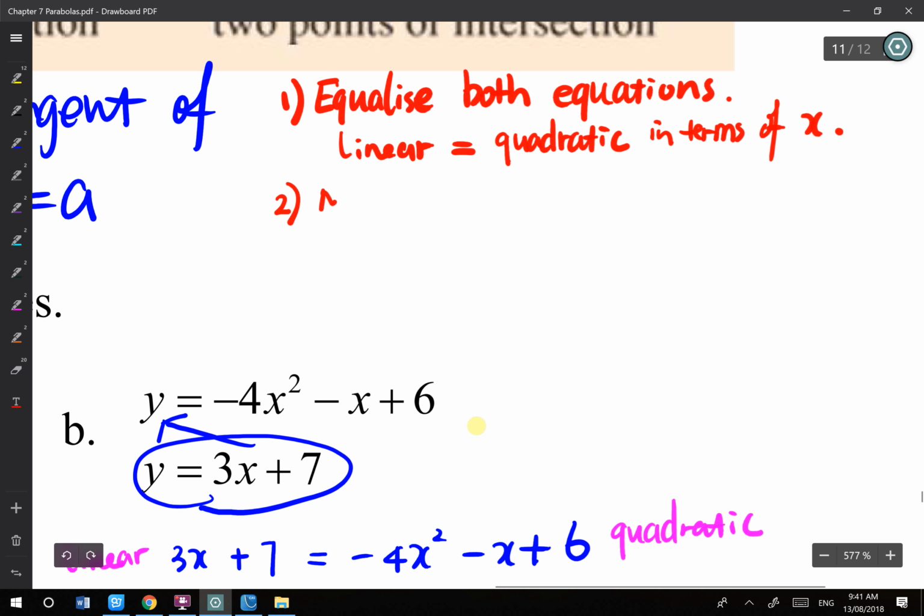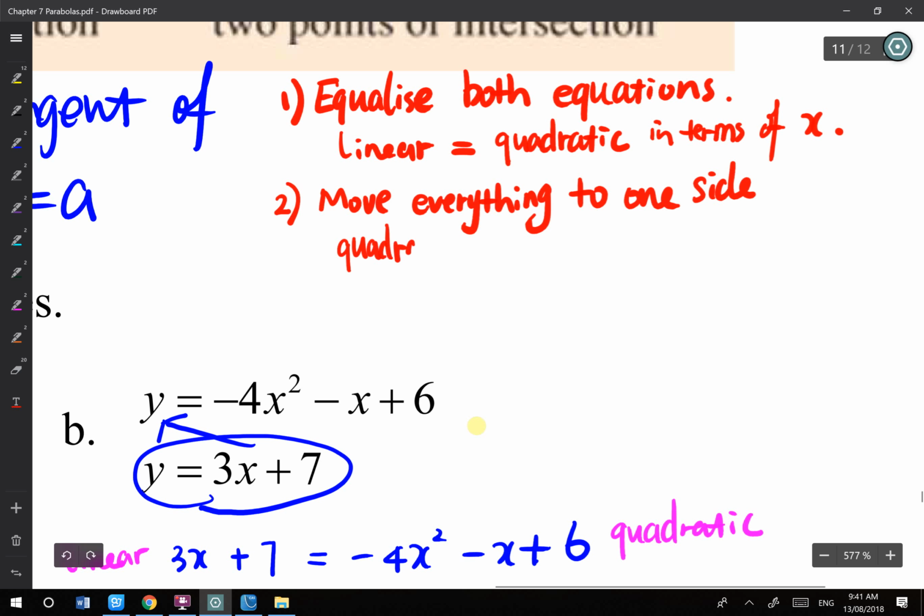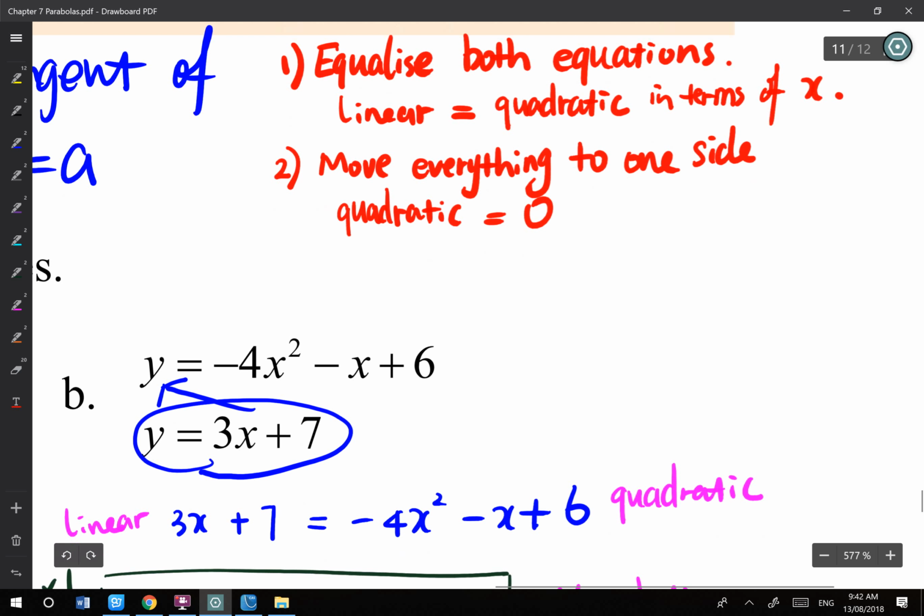Second, move everything to one side. It doesn't matter whether left hand side or right hand side, just move it to one side. We will have a quadratic in x equals to 0.